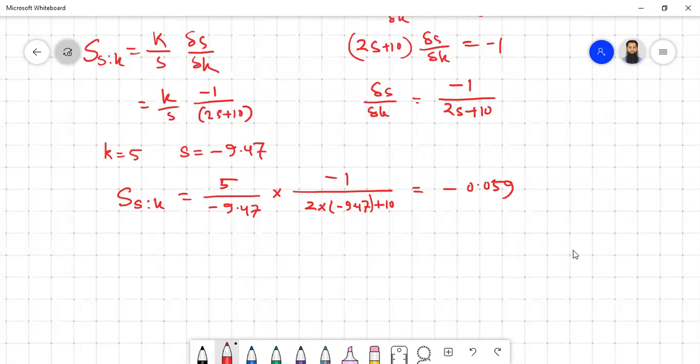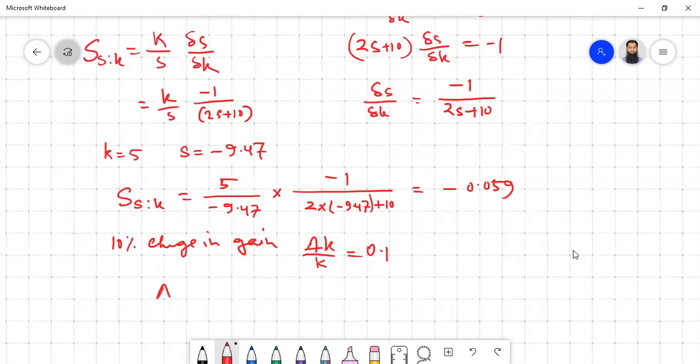Now they're asking what the change in the pole location will be for a 10% change in gain. So del K by K equal to 0.1.